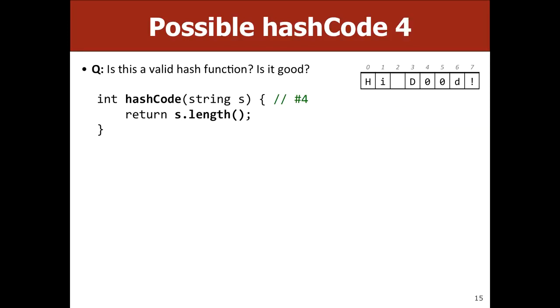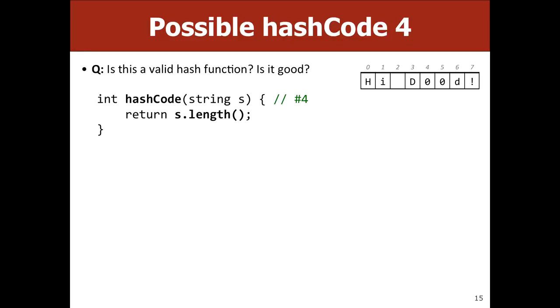Okay, what about this one? How many people think this is a valid hash function? Just use the length of the string. Okay, yeah, you're exactly right, because if your string length doesn't change, you're going to get the same bucket. How many people think this is a good hash function? Yeah, this is kind of meh, right?